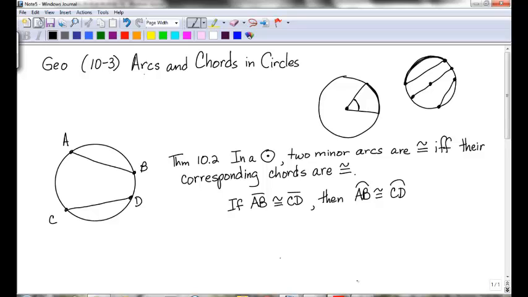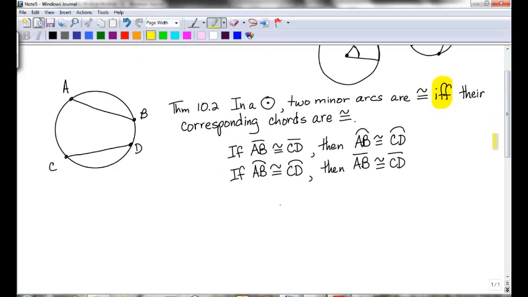Now, the if and only if part of that says it goes the other way. So if arc AB is congruent to arc CD, then segment AB is congruent to CD. And that's because of this if and only if. It goes both ways.